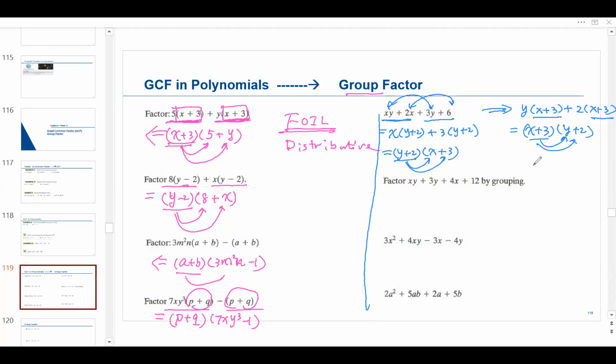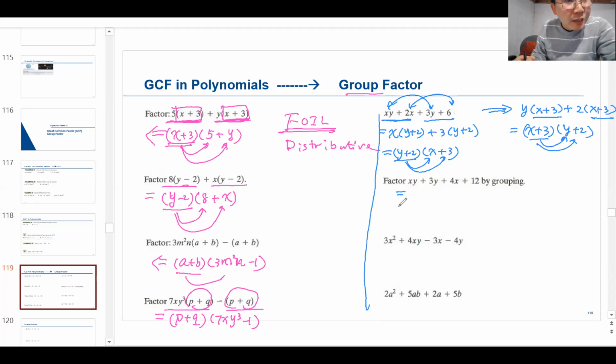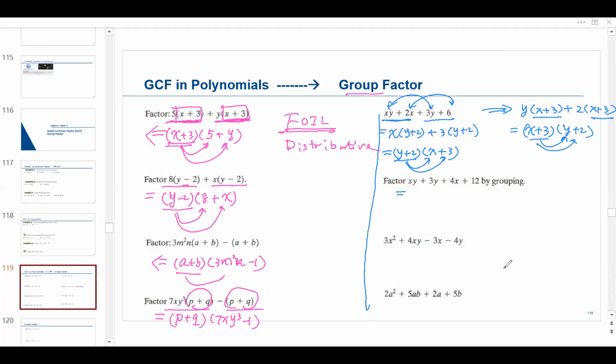All right. Okay, everyone take your notebook out. Group this one. Take your notebook, group this one, and write the answer on the screen. If you're correct, you can leave.